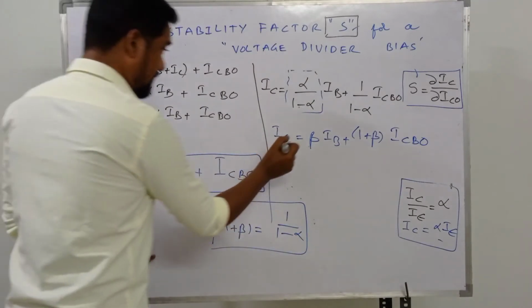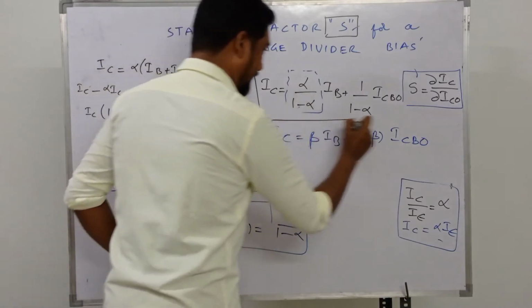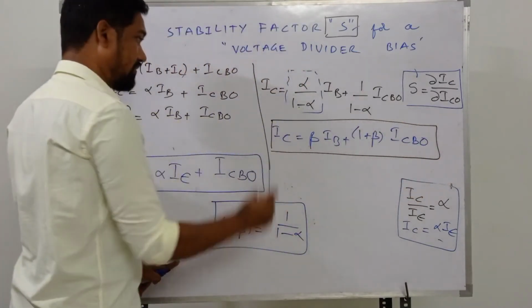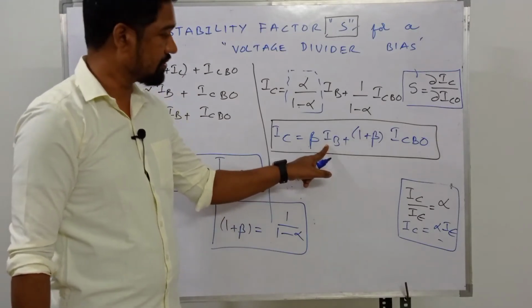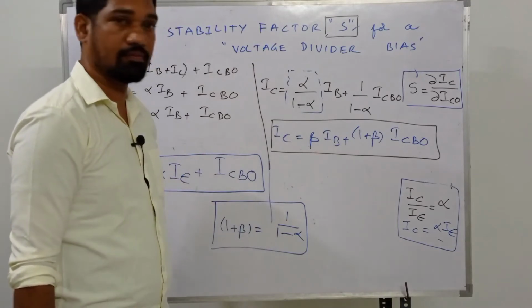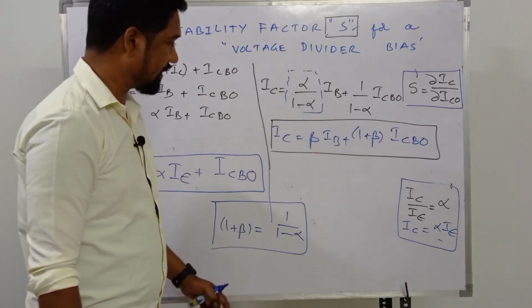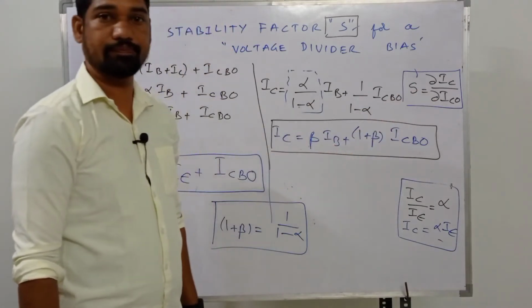Guys, we have to start from this equation for the stability factor. I could have come directly to this one, but I'm not happy. For a beginner, you need to have the fundamentals of all these, so I had to do all this derivation. The analysis of the stability factor starts from here.